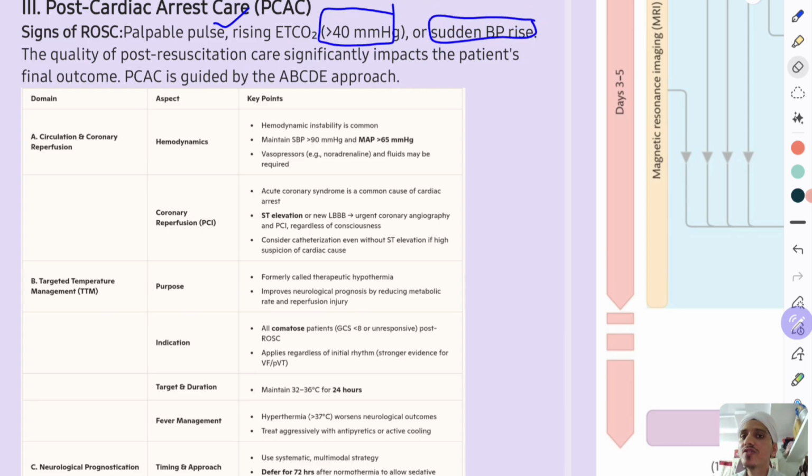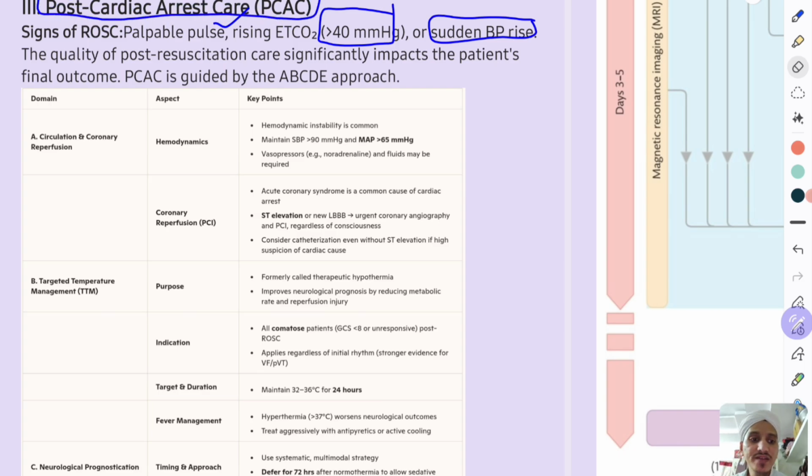So pulse and BP you are now able to feel. Or if you have inserted an endotracheal tube and have more than 40 mmHg of carbon dioxide, that represents the sign of ROSC.